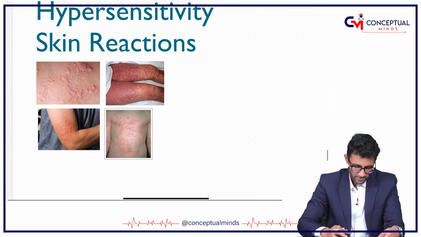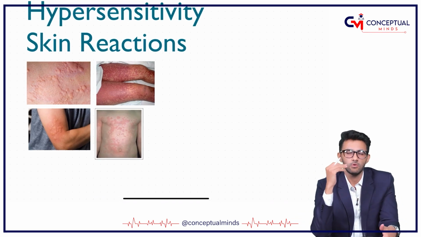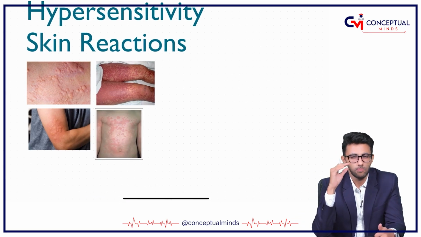So first of all, before going on to the dermatology topic, let me give you a brief introduction about just the hypersensitivity reactions. Let's take this chance to revise some parts of pathology.